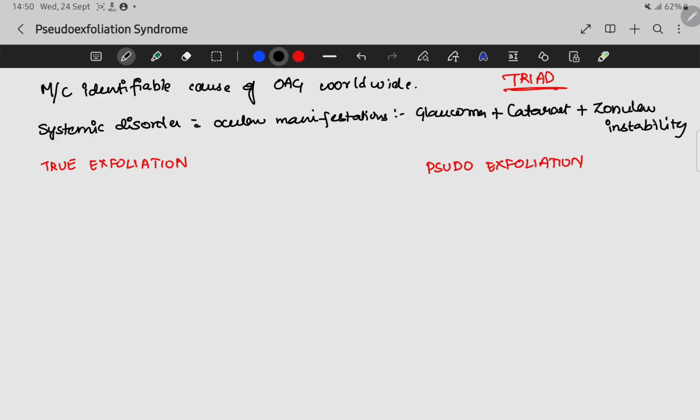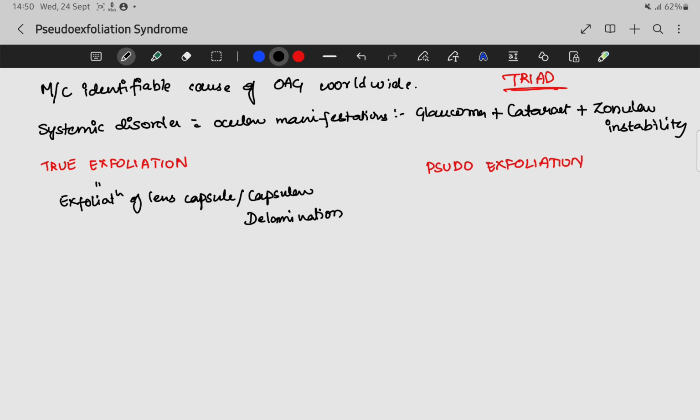So this true exfoliation is nothing but exfoliation of lens capsule or capsular delamination. So it becomes into two parts, anterior and posterior.